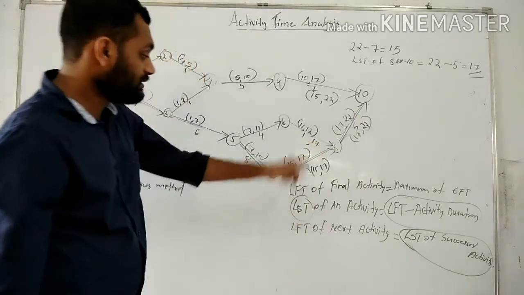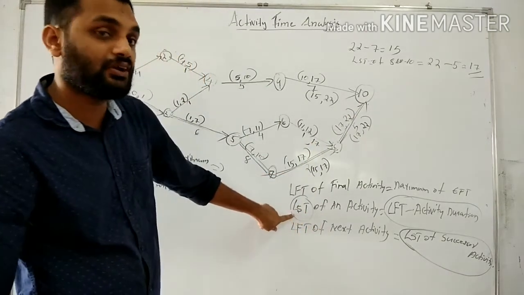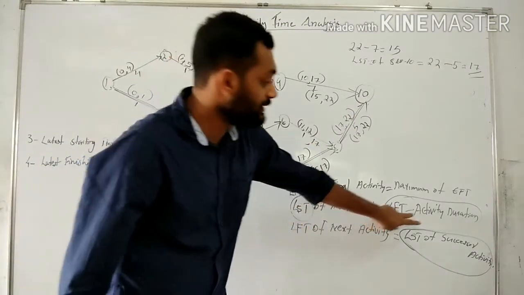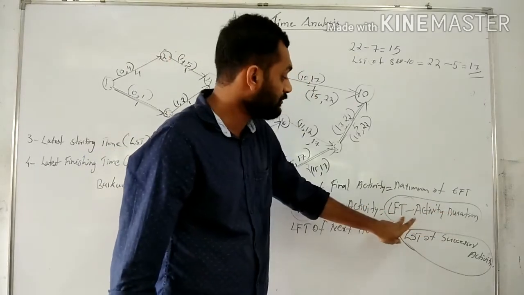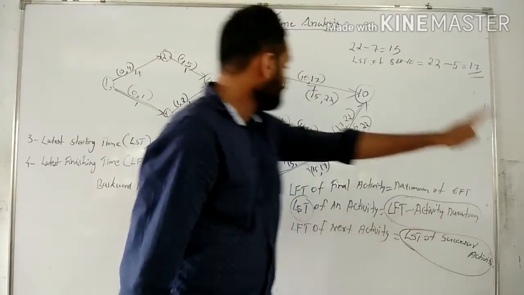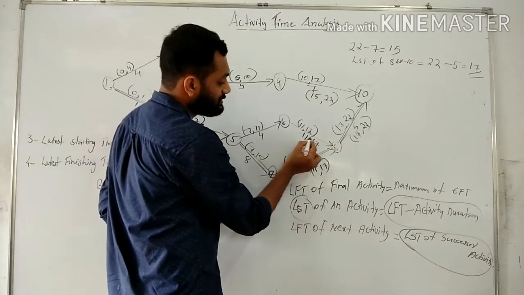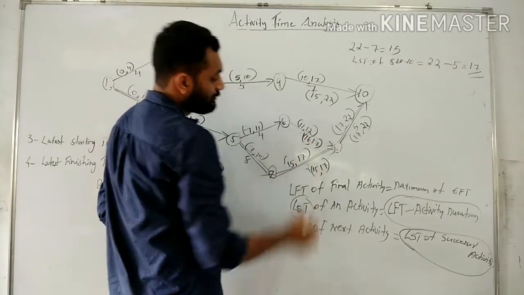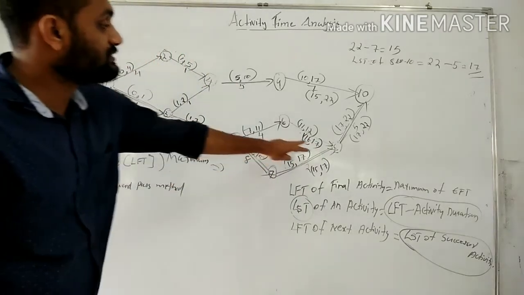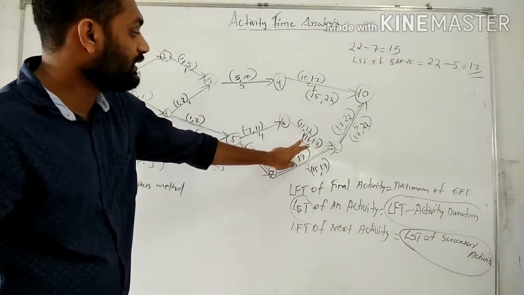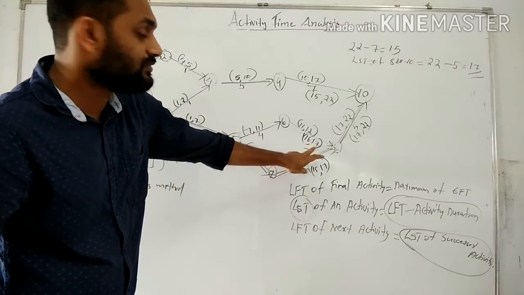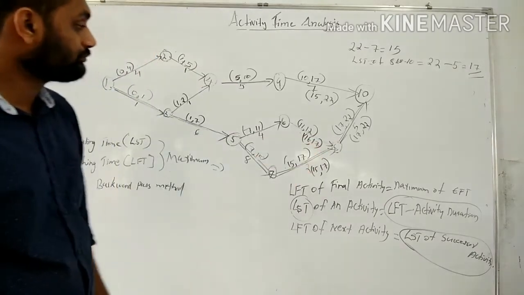LST is always LFT minus activity duration. So 17 minus 1 that is 16. 16 is the LST, 17 is the latest finishing time.